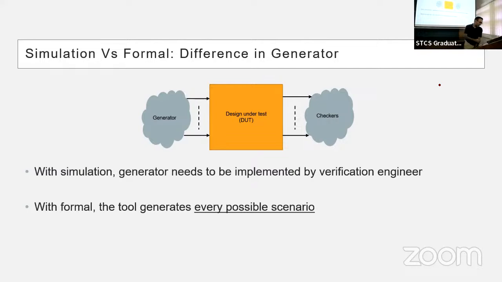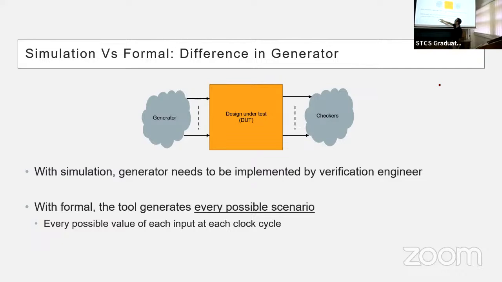With formal, what happens is that the formal tools generate every possible scenario for us. So we don't need to worry about the generator. The tool does it for us. And the way it does, maybe we will have one more slide for that, is that on each clock cycle, it basically drives all the possible values of each input at each clock cycle.